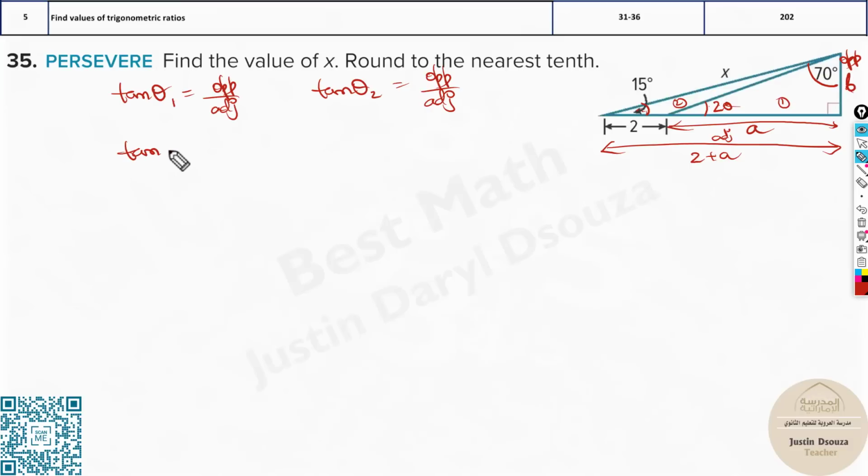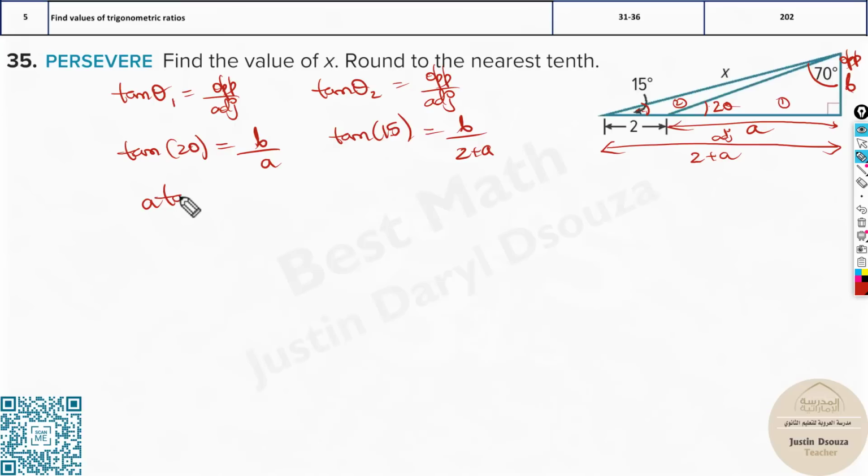Now we will see it. What is the first degree? Tan theta 1, it's 20 degrees. I'll write 20. This will be equal to, what is the opposite side? It's B divided by adjacent, over here is A. And over here we have tan 15. See, this is 15, right? Opposite is B and adjacent is 2 plus A. Now let's write both of these in terms of B. So I'll take this A to the other side.